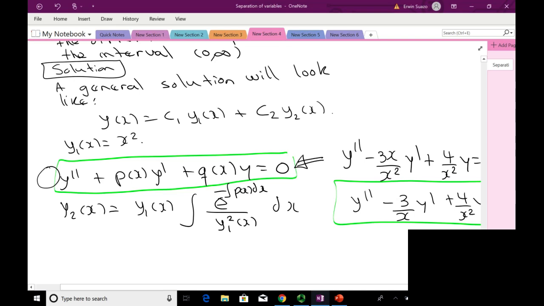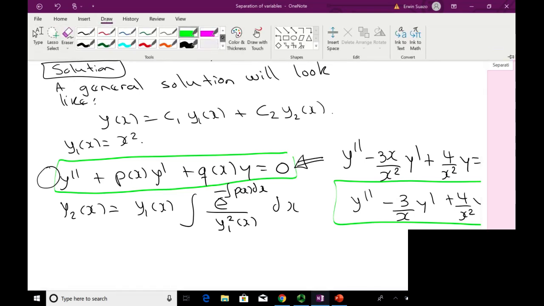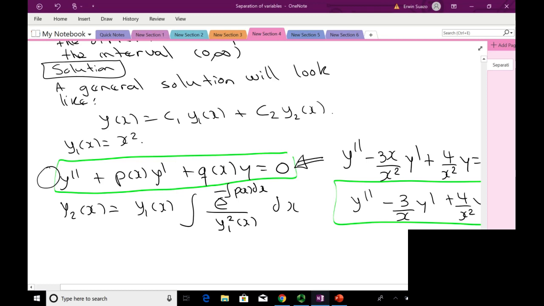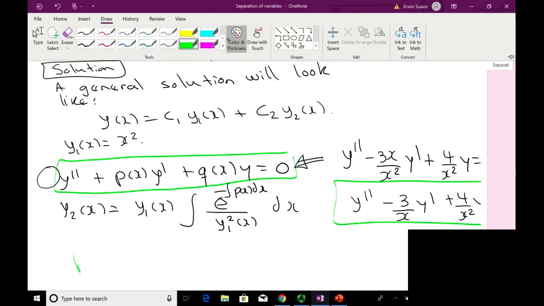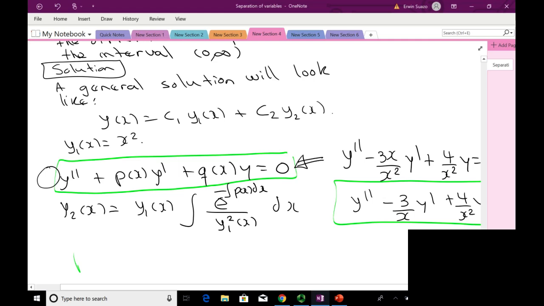So now we can ask: what is p of x? P of x is negative 3 over x.